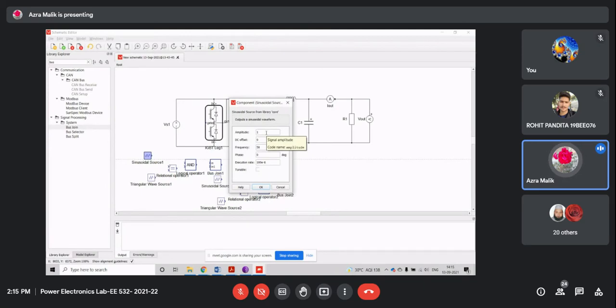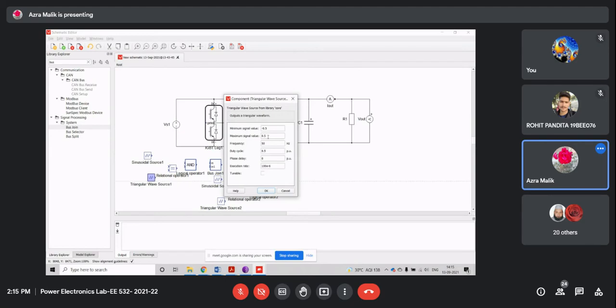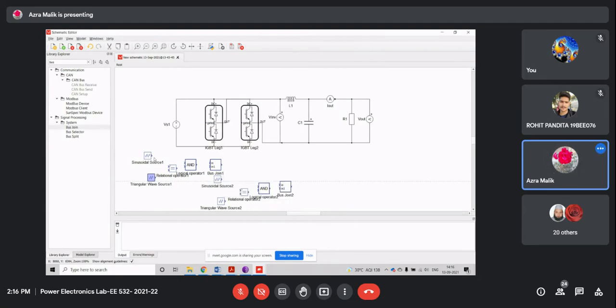Amplitude of sinusoidal source should be 1, frequency 50. For triangular, we need to keep it as minimum value -1, maximum value 1. Frequency should be 4000. Duty cycle should be 0.5. We will use relational operator as greater than or equal to, and now we will connect these two.